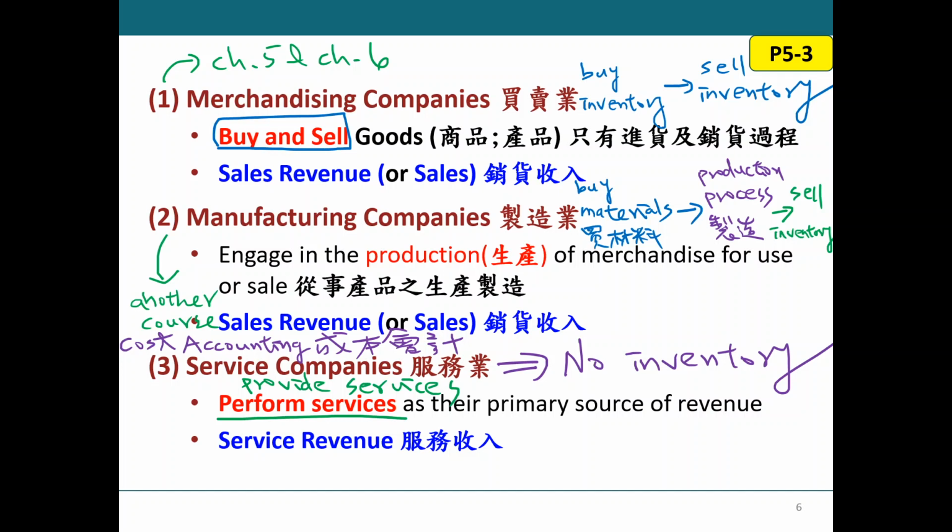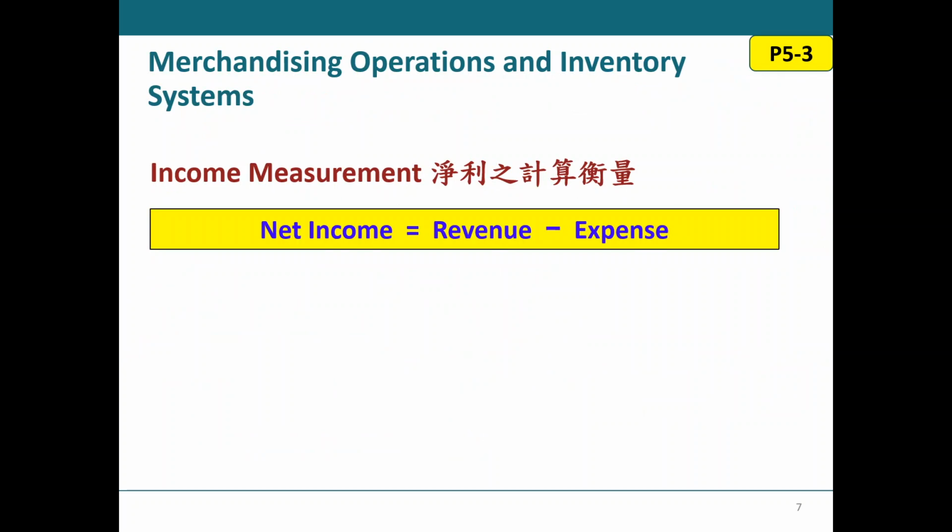Okay, if you understand the concept right here, we want to talk about other things about inventory. Okay, so what are the other things? Remember how to compute net income. How to get the net income? Revenue minus expenses, right? Based on the simple formula we have before.